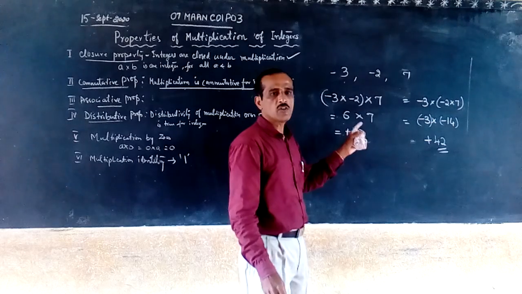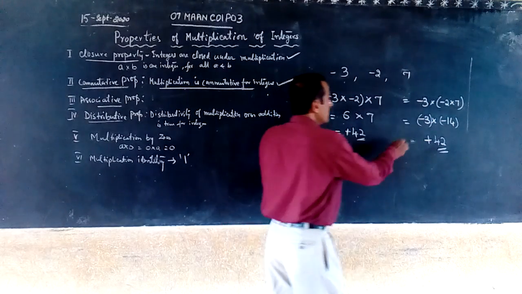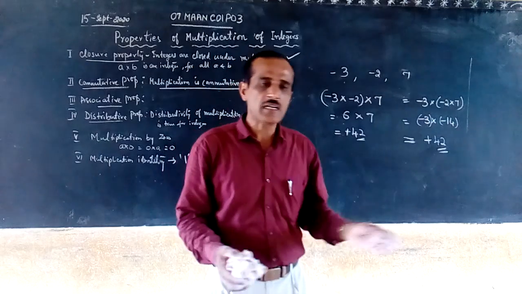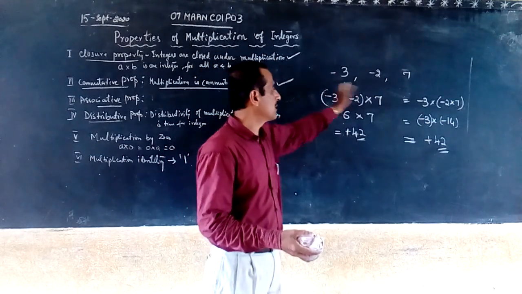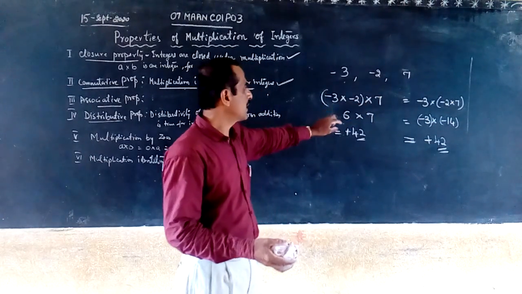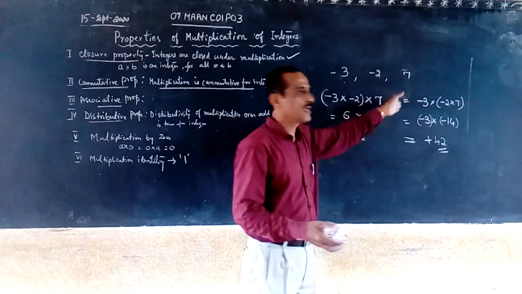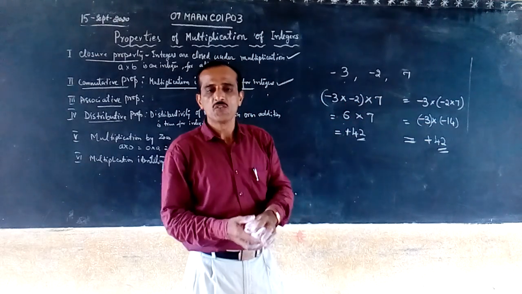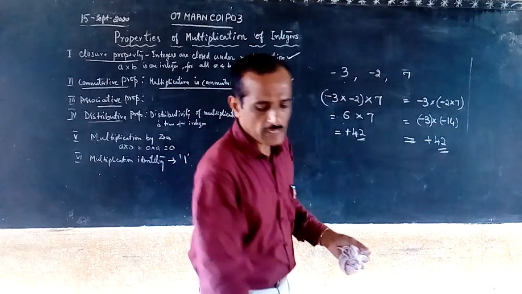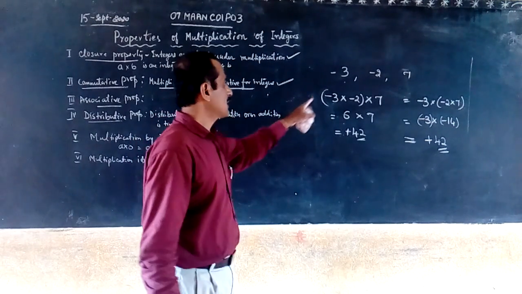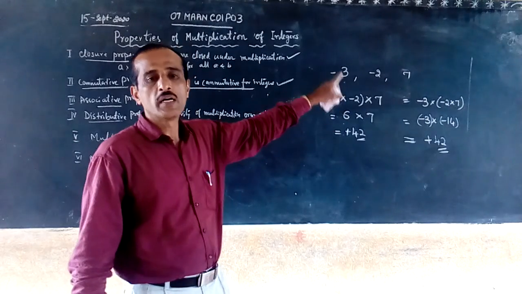So both are the same. Therefore, if three integers are taken and grouped like this, then both sides become equal. Therefore, we can say multiplication is associative for integers.